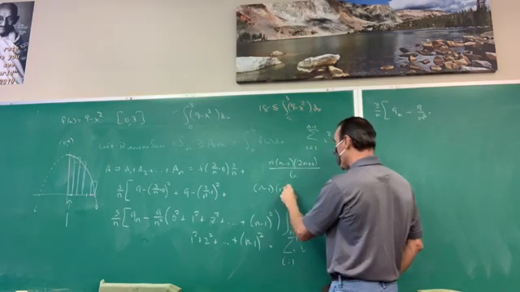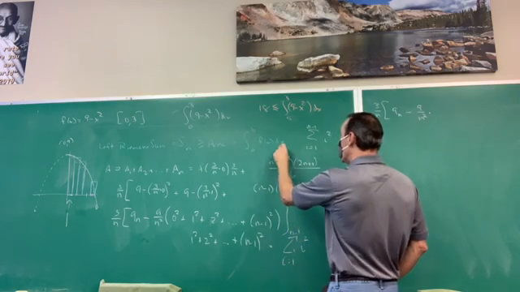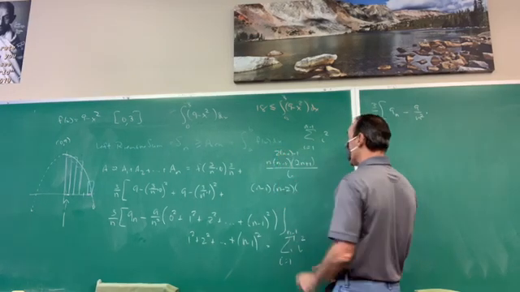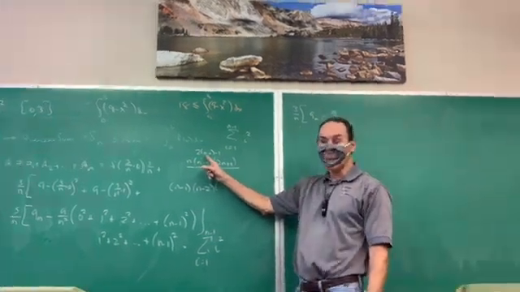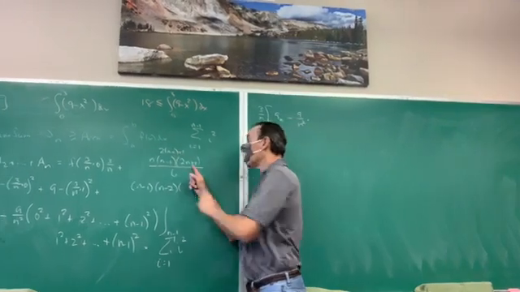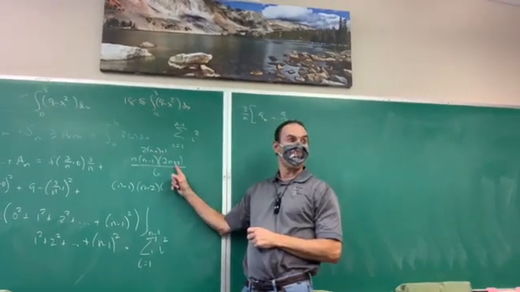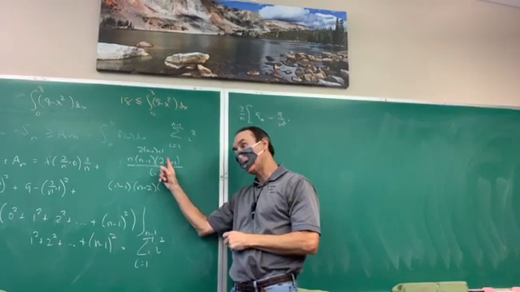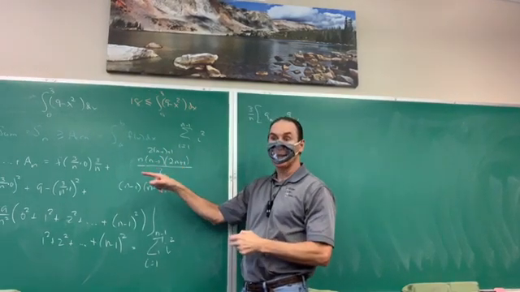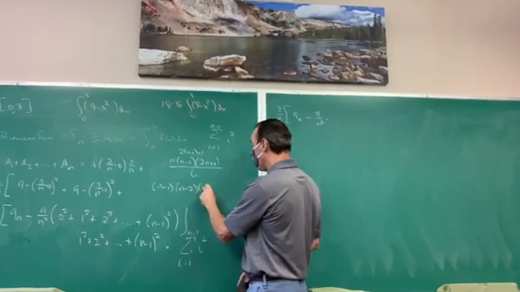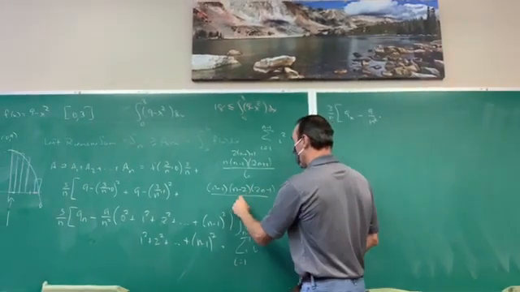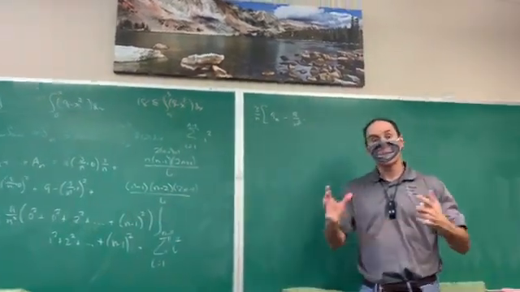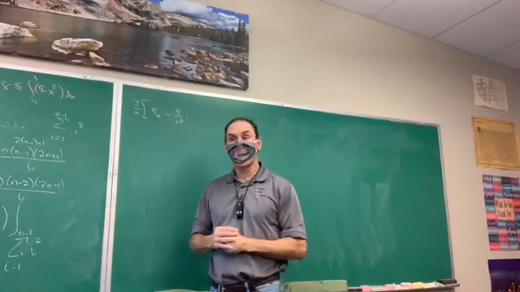Now this 2 times n is now going to be 2 times n minus 1, plus 1. So that's 2n minus 2 plus 1. That's 2n minus 1. There's our formula adjusted for our upper limit of n minus 1. You okay?